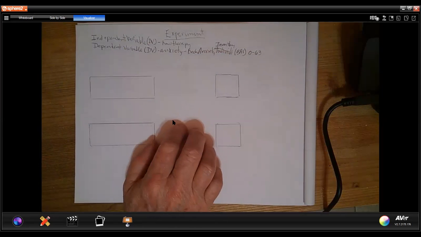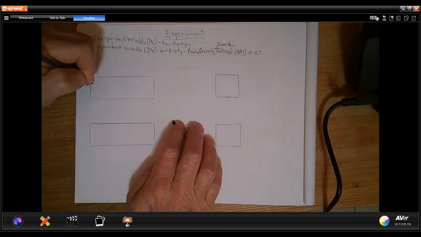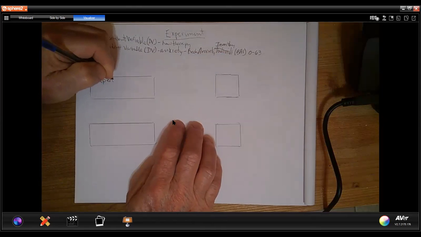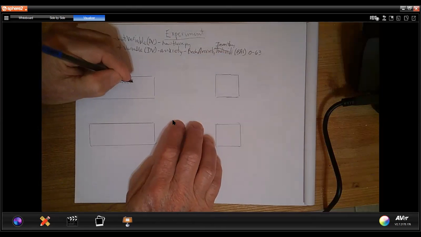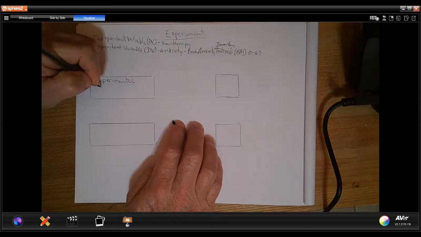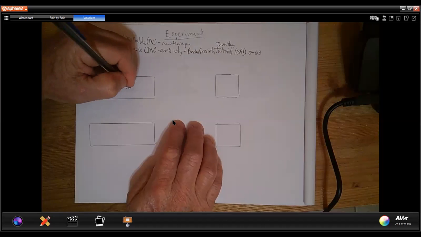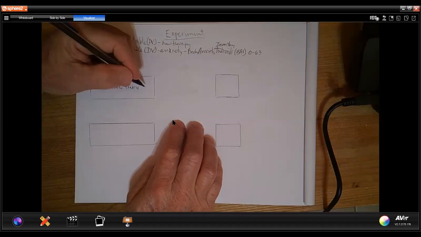Okay. So we're going to divide our participants into an experimental group. And the experimental group is going to be exposed to the independent variable. They're going to get the new therapy.